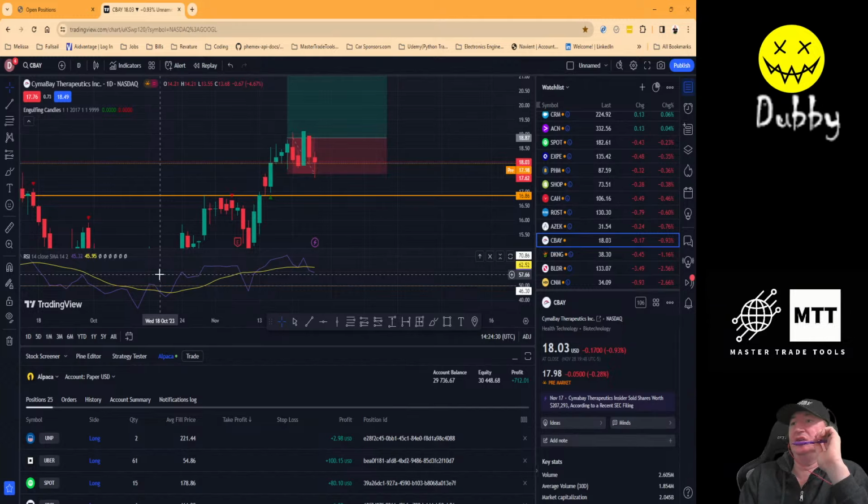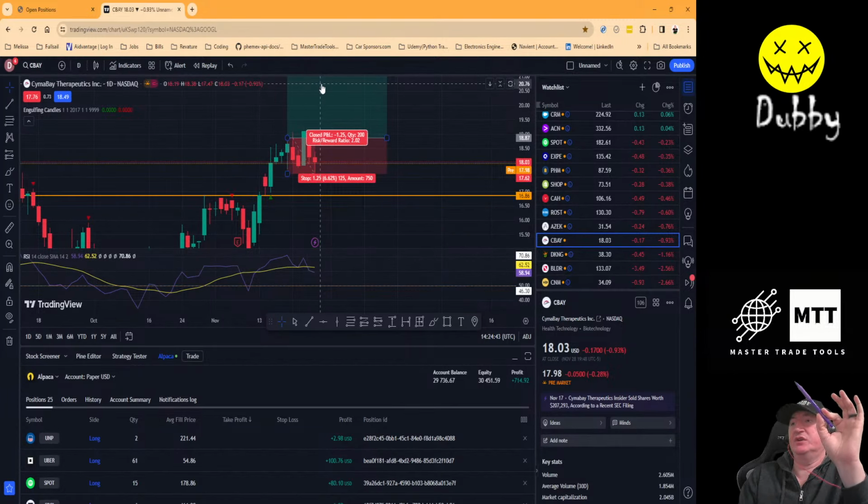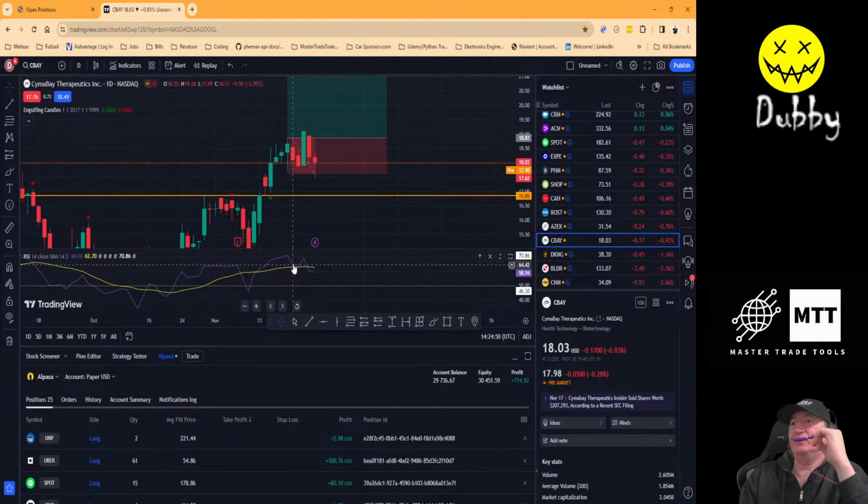Well, we're starting to. But we're not making lower highs and still continuing bullish. This is actually showing a pullback, which is why we're seeing those lower highs.